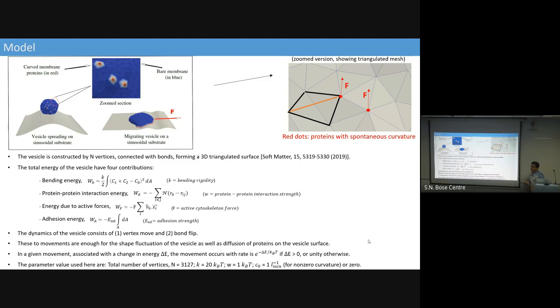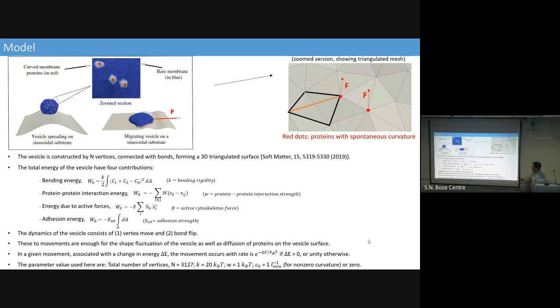The bonds are essentially representing membrane rigidness or something, right? And it's elastic. Here, this is the membrane rigidity, right? The bonds that you're talking about here. Here, this is just the model of the surface. The rigidity is defined by this bending energy.